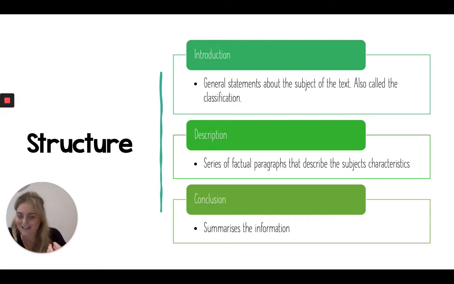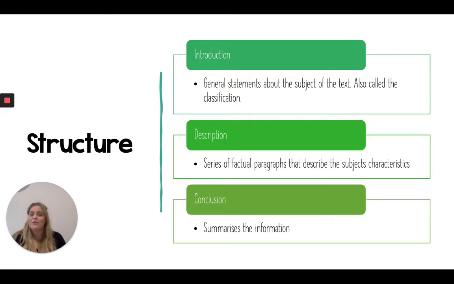And then the inside, so all the information and all the goodness that we need from that burger, that is what we call our description. And that's quite a few paragraphs that describe the subject or describe the topic and give us the information that we need.